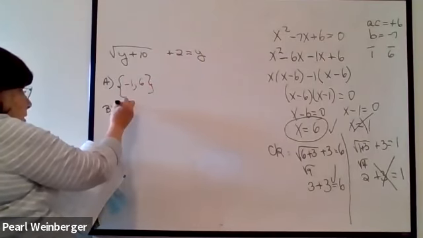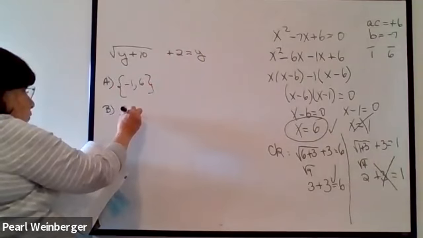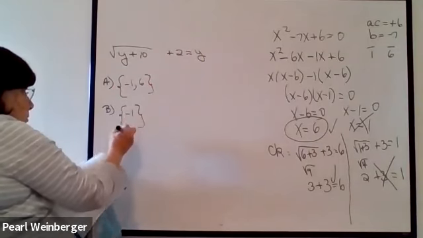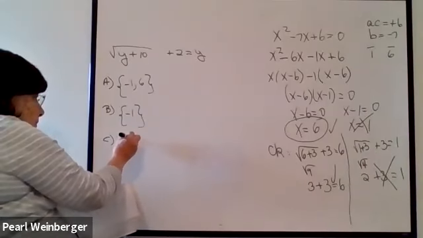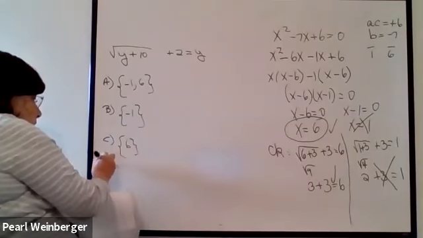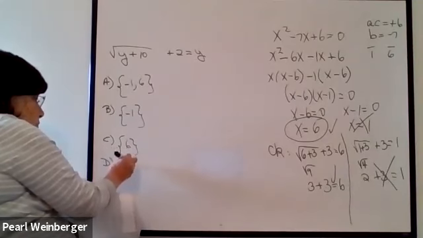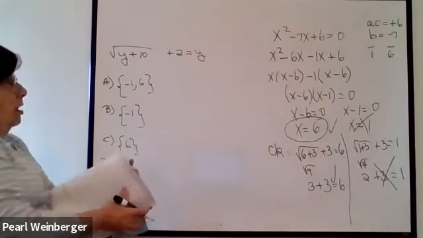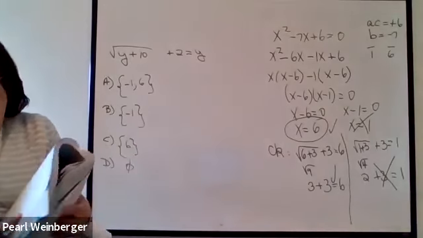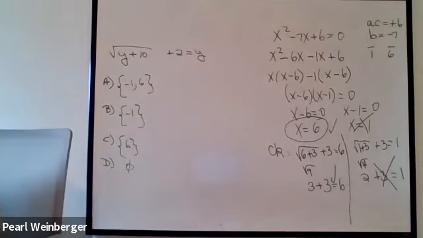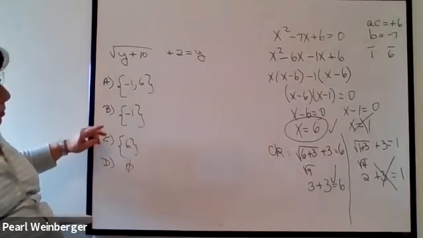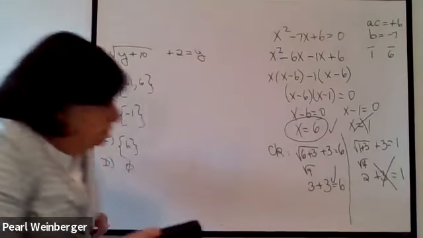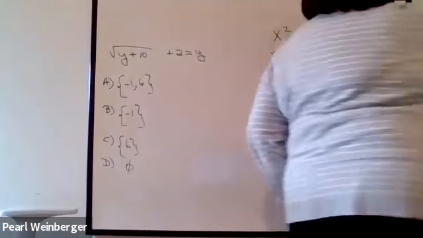Choice B, just -1. Choice C, just 6. And D, no solution at all. Okay, I'm giving you this, it's a multiple choice, see which choice you think it should be, A, B, C, or D. Okay, I'm erasing this and I'm going to be taking attendance.